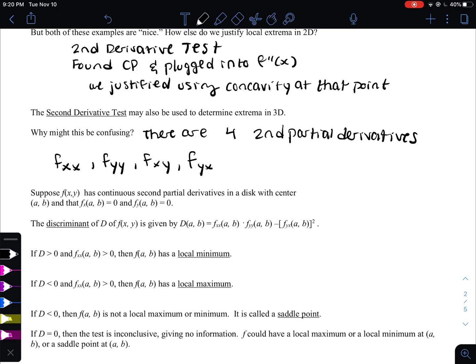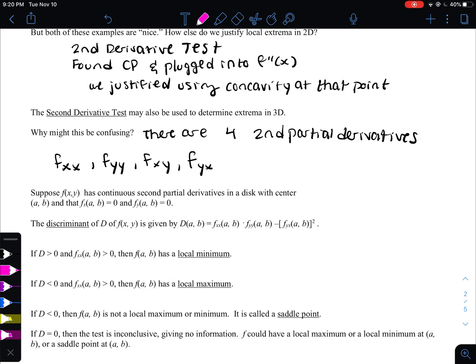Now maybe you're thinking to yourself, what the heck? How am I supposed to analyze all of these things? I'm not going to go into it in this video because I want to keep it short, but I will post extra resources where you can learn about the intuition behind this definition. But we have a formula, which is listed right here.